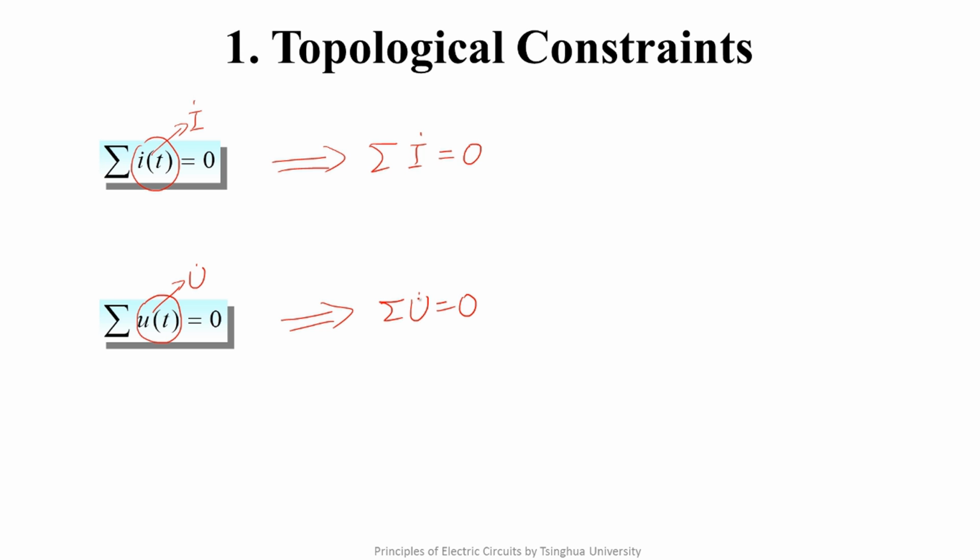They are the phasor forms of KCL and KVL, which are topological constraints of the whole circuit. These are linear algebraic equations of phasor I and phasor U.